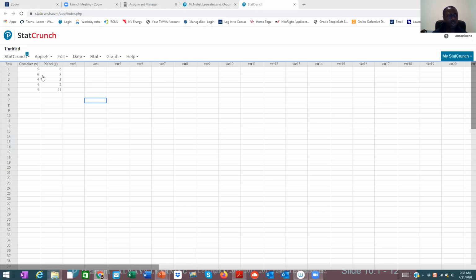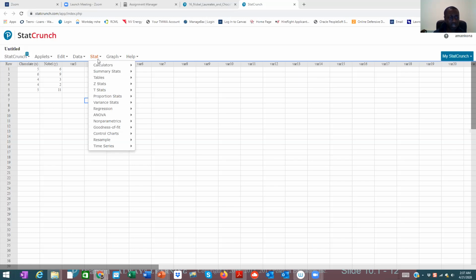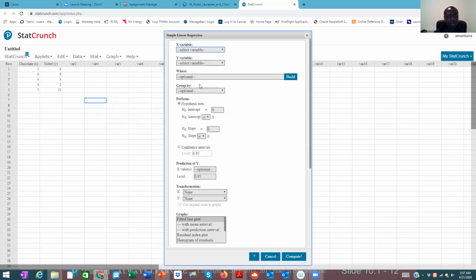So here the variable chocolate is the X, and the Nobel Prize is the Y. We're going to calculate the correlation coefficient. So you go to Stat, go to Regression, and then Simple Linear. That's all we need. Select that, and our chocolate is the X variable, so we select that. And then the Nobel Prize one is the Y variable. That's all we need for now.